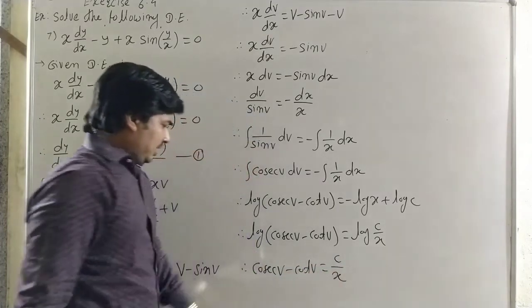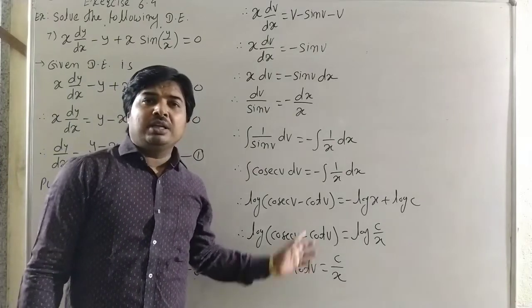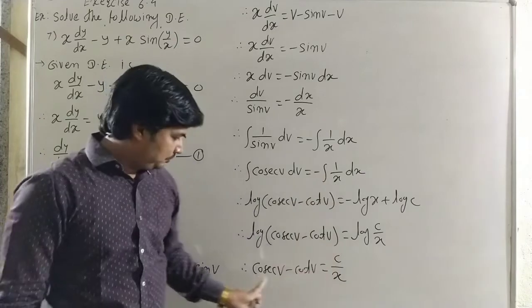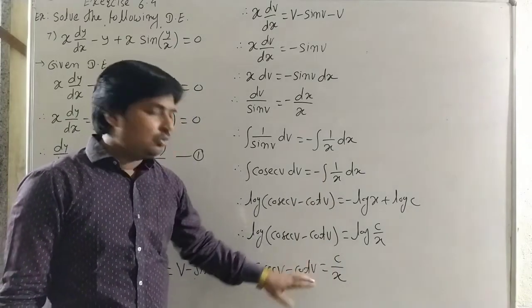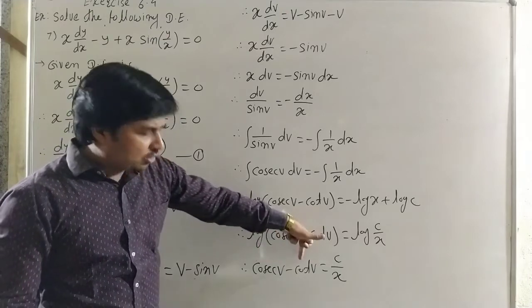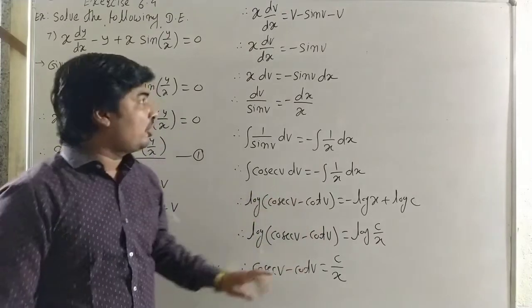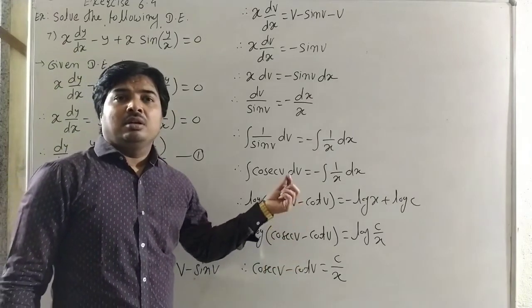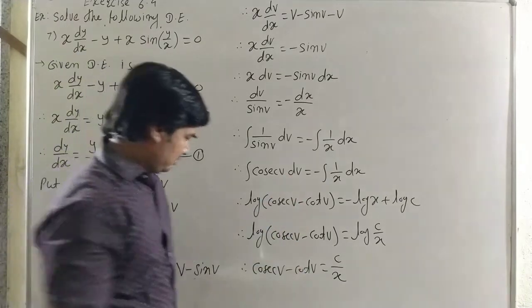Now when we put the value of v, that is y by x, it is the general solution of the differential equation. But for simplification, cosec and cot we convert into sine and cos. Cosec v is 1 by sin v, cot v is cos v upon sin v.